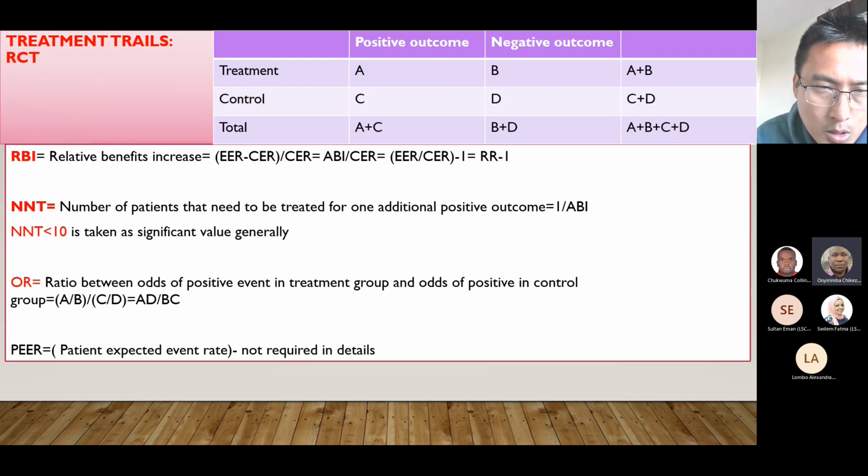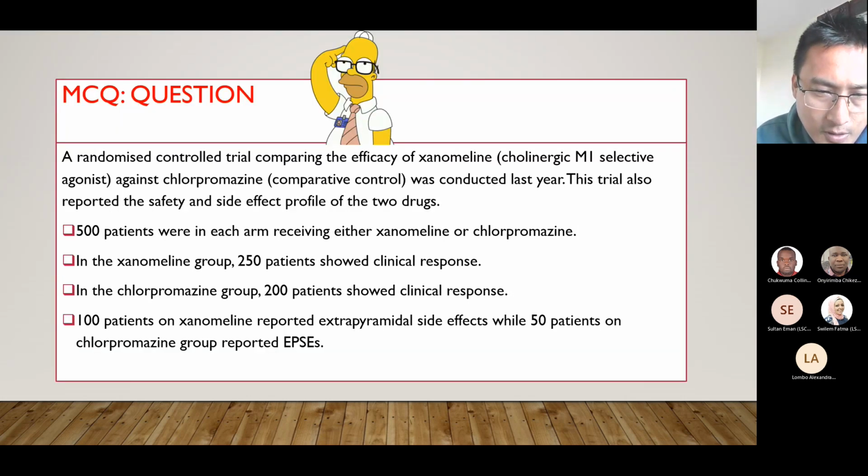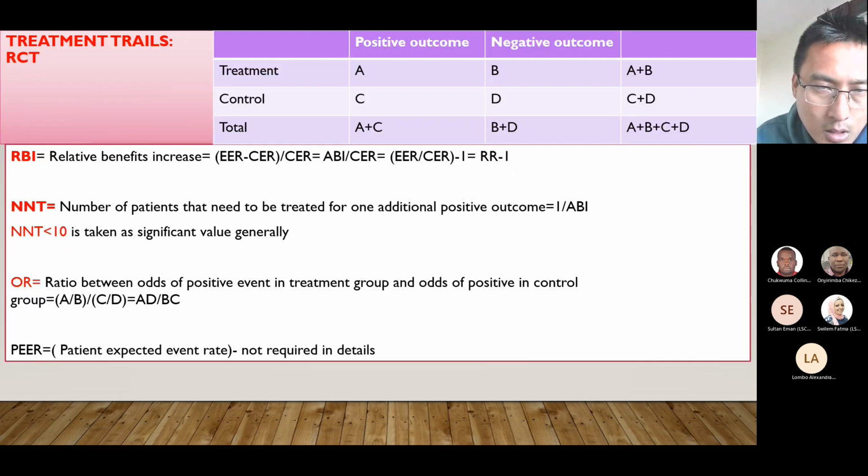So it means that it's going to be 2 different tables. So EPS is different and clinical response is different. Okay, so just focus on the clinical response. So the trick is, if you look at this table, the treatment and control need to be here, so the 2 different medications need to be here. The positive outcome and negative outcome go here, and you just fill up the data.